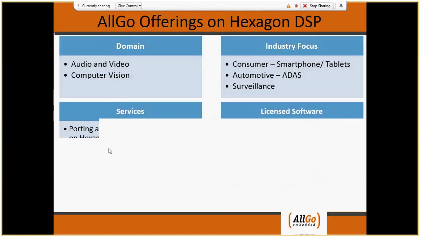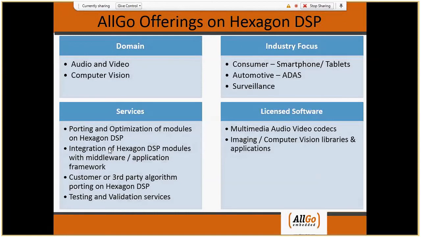So what we offer on Hexagon DSP, we can categorize our offerings into 4 different categories. One is the domain and the industry focus, services, and licensed software. So on domain, as I mentioned, we have good expertise on audio video codecs, and also we have solutions on computer vision, which we can help the customer getting into their own product and making it a successful product.